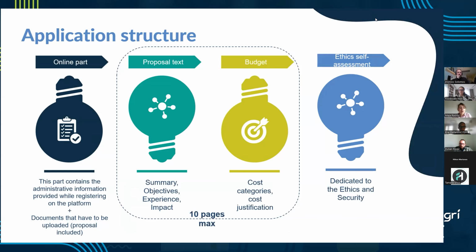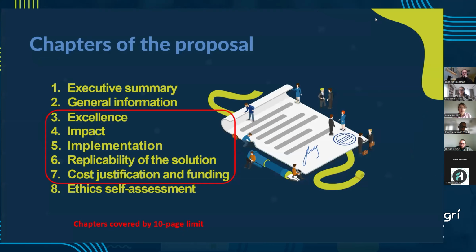When it comes to application structure, it consists of 3 parts. First is online, what you will need to fill in during the registration. Then you need to fill in some administrative part, proposal per se, including the budget, and the ethics self-assessment part, which is excluded from the 10-page limit.